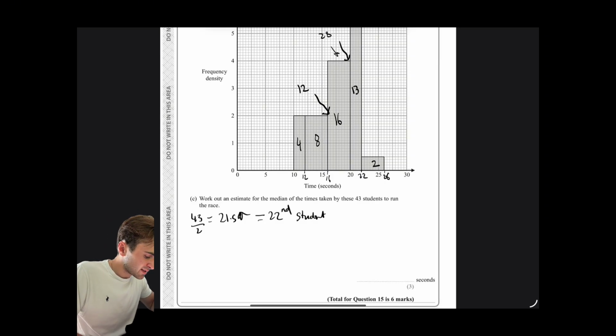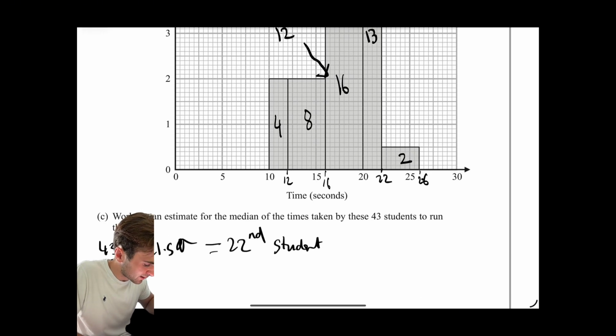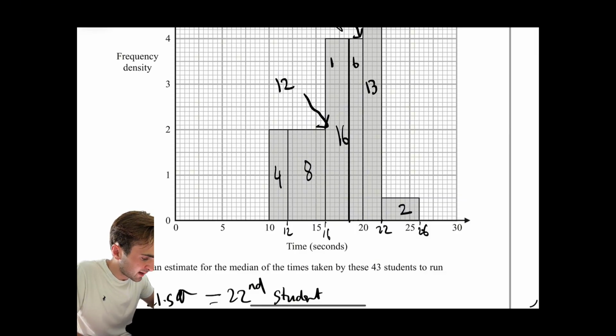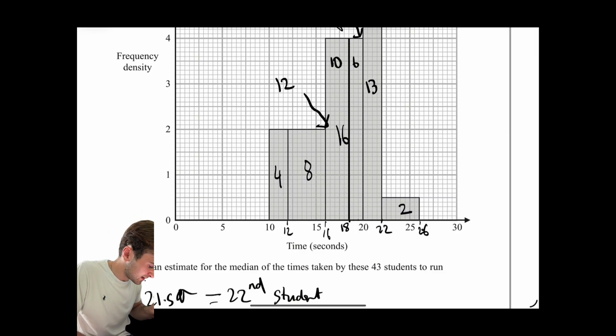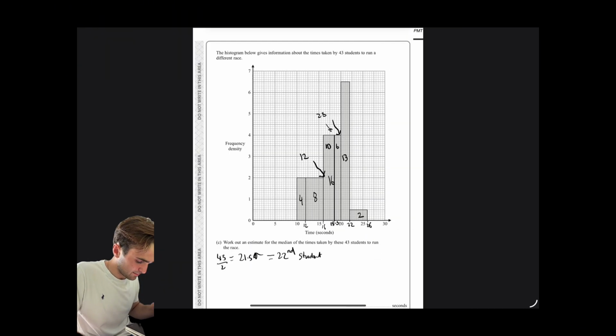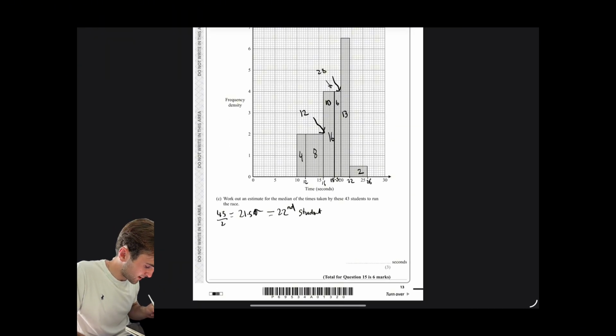So to make the area 6, it's 4 high, so it's 6 divided by 4 is 1.5. So it's 1.5 away from here. So this area is how we're going to split it. So now we have 6 on this side and 10 on this side, and that occurs at 18.5. So the answer to question 15, C, is 18.5 seconds.